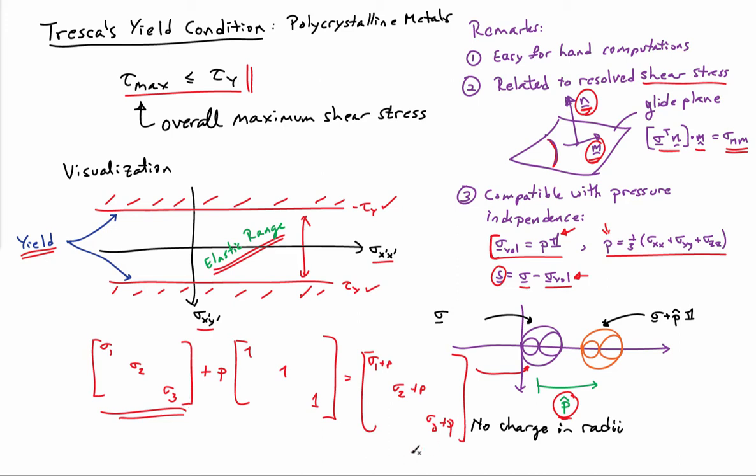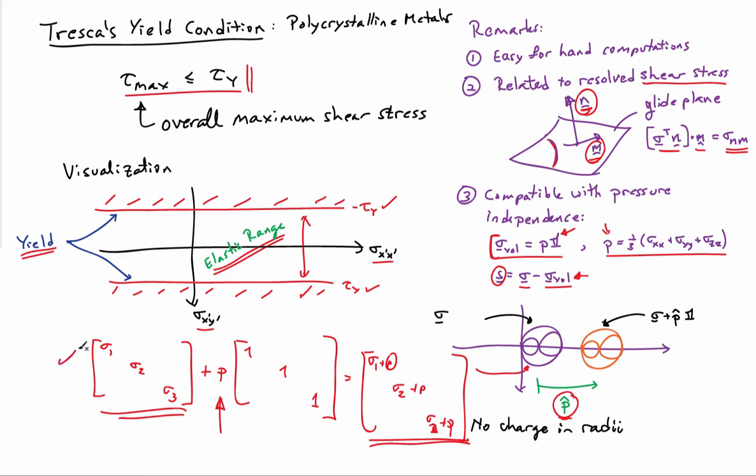And all that's going to do with respect to the Mohr diagram, if I go ahead and plot the Mohr circle for this state of stress, is it's going to translate it horizontally to the right by an amount p. So this is the idea of pressure independence, that the yield of a system should not depend on the hydrostatic pressure on it. So you can add or subtract hydrostatic pressure to any given state of stress, and it shouldn't affect yield.